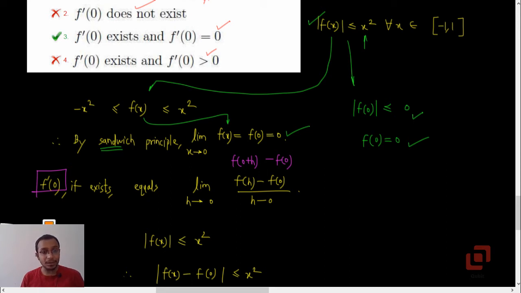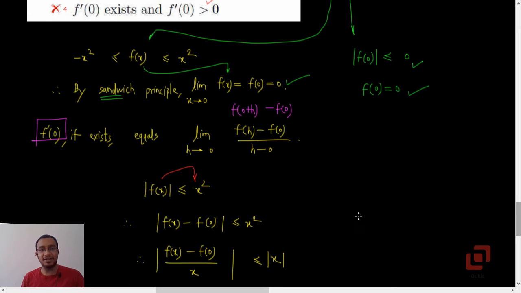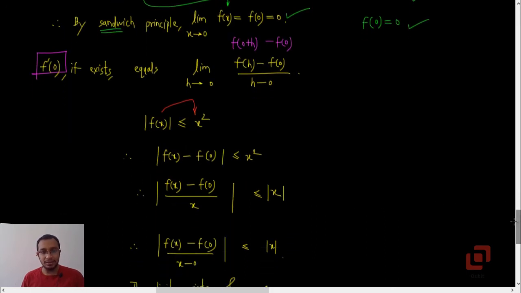Okay, now we know that mod of f of x is less than or equal to x squared. Therefore we can make the following change and arrive at the ratio. Okay, how? f of 0 is anyway 0, so you can write it as mod of f of x minus f of 0 is less than or equal to x squared. Now divide both sides by mod x.